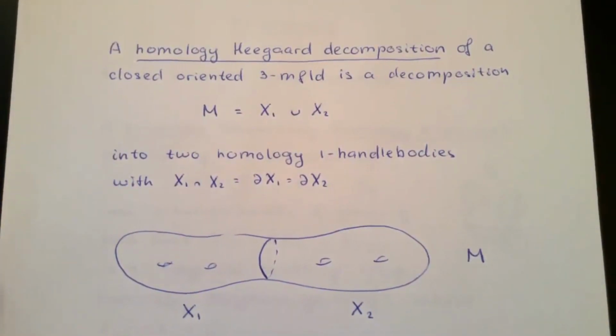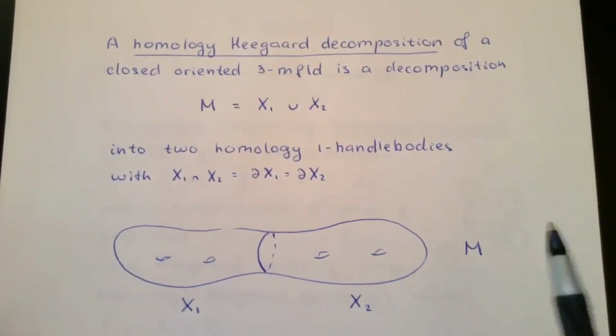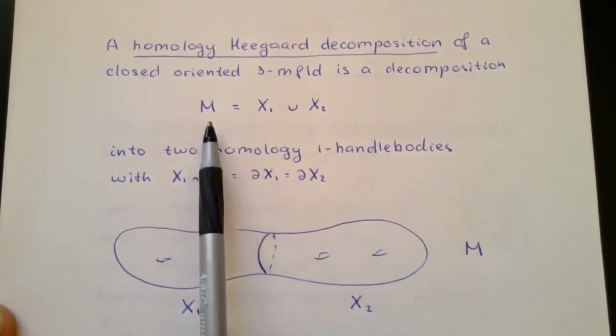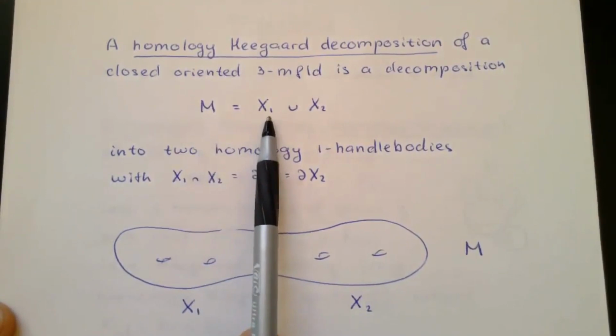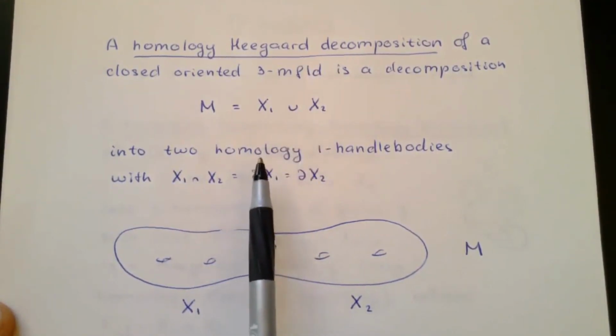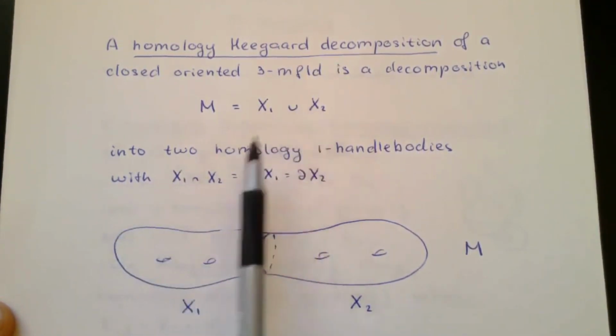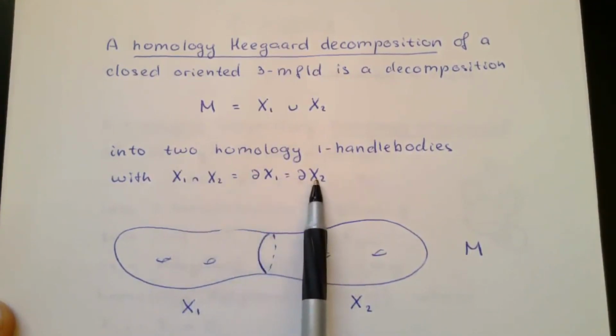A homology Heegaard decomposition of a closed oriented three-dimensional manifold is a decomposition of the manifold M into two pieces, X1 and X2. These two pieces are required to be homology one-handle bodies. Their interiors should be disjoint, and they should intersect only over their boundaries.